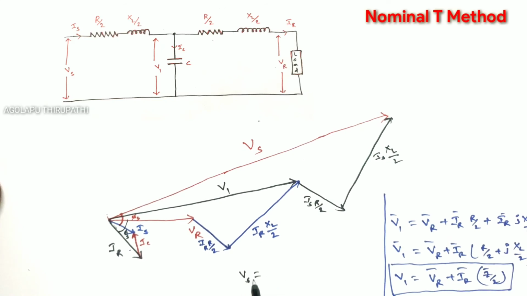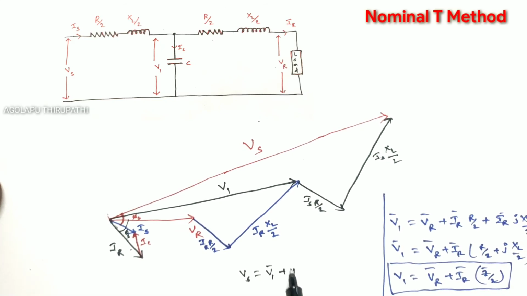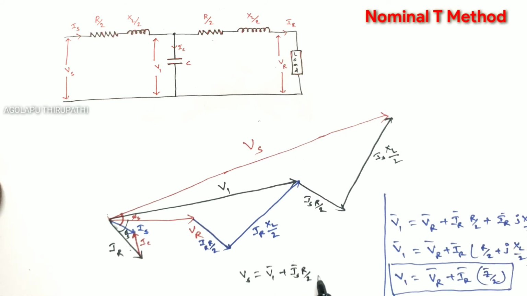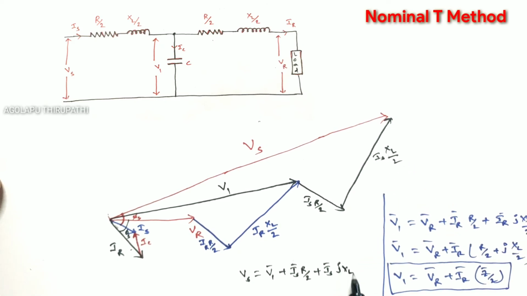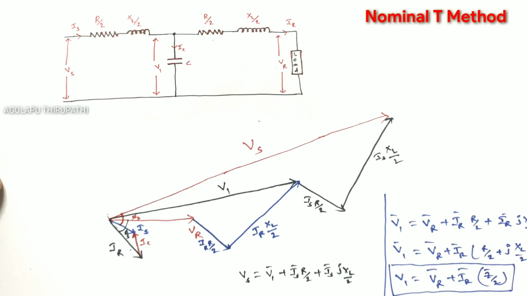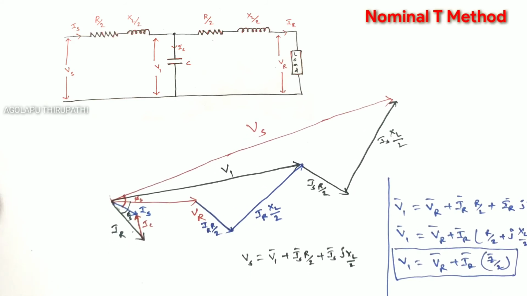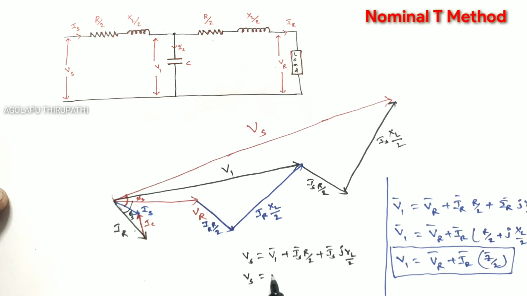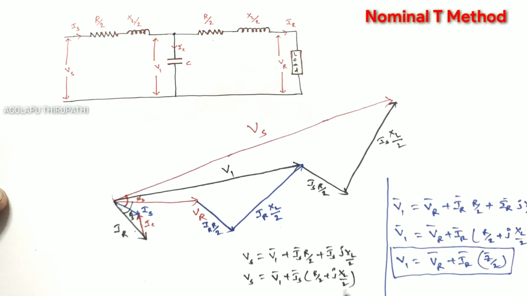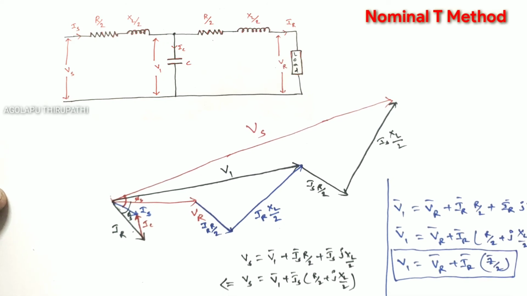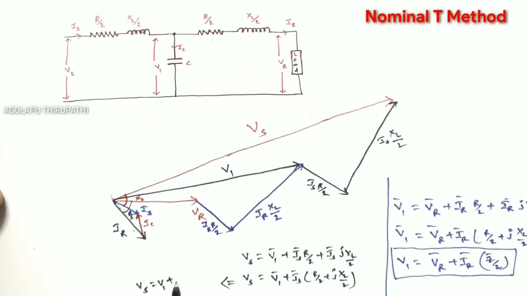So Vs is equal to V1 bar plus IS bar R by 2 plus IS bar j XL by 2 for the inductive reactance. Taking IS bar common, this is R by 2 plus j XL by 2, so Vs is equal to V1 plus IS bar into Z by 2.